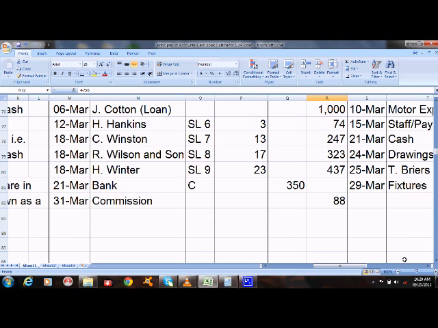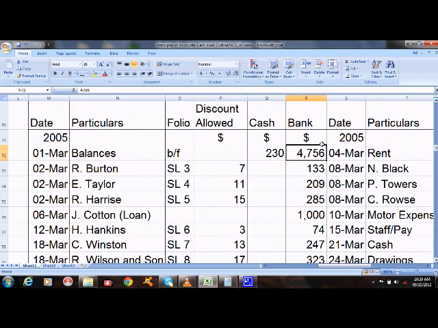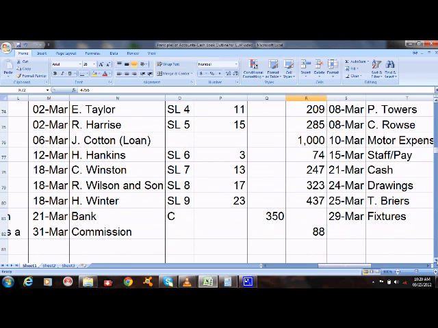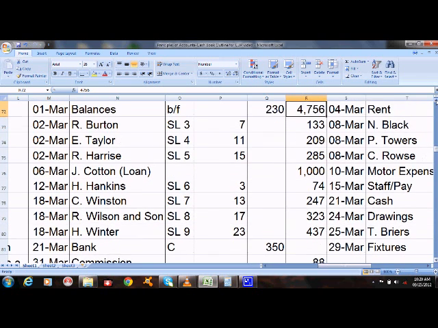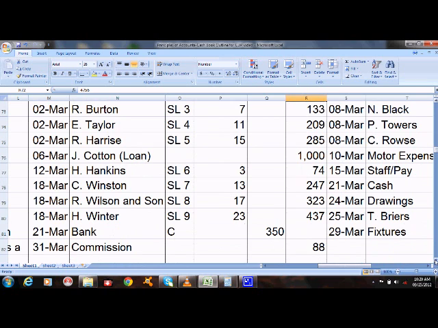Alright, let's go. The first thing we do before we balance off is add up everything on both sides. Please note that we balance off the cash and the bank columns. The discount allowed column is not balanced off. We just add it up and place a figure right there.